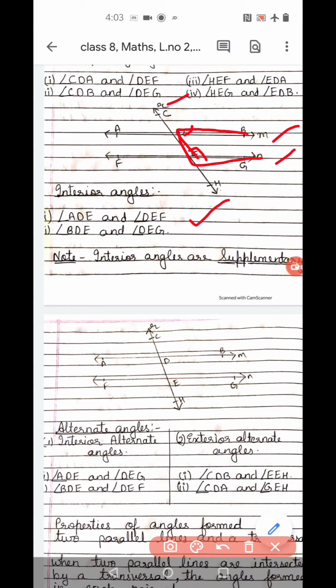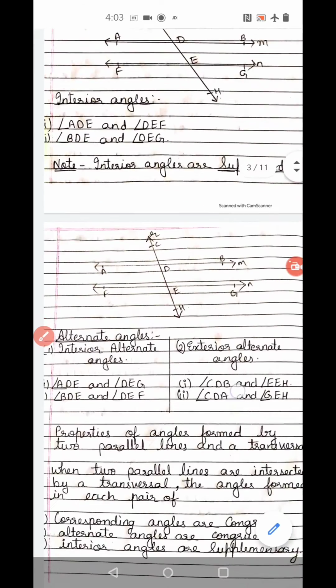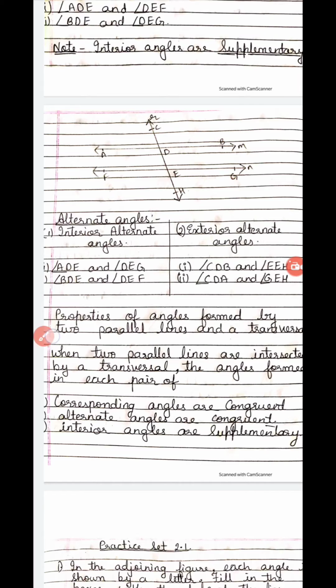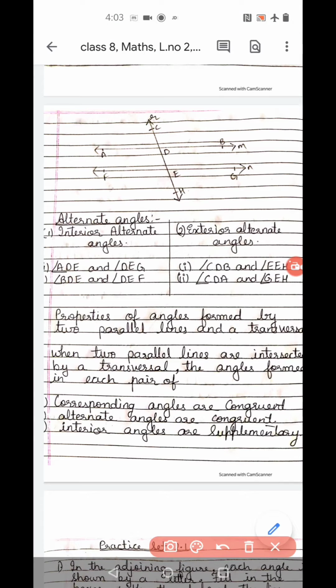On the other side you can see ADE and DEF. ADE and DEF is one pair, and BDE and DEG is another pair of interior angles. Always remember that interior angles are supplementary. That is, when interior angles are taken together, they make 180 degrees.